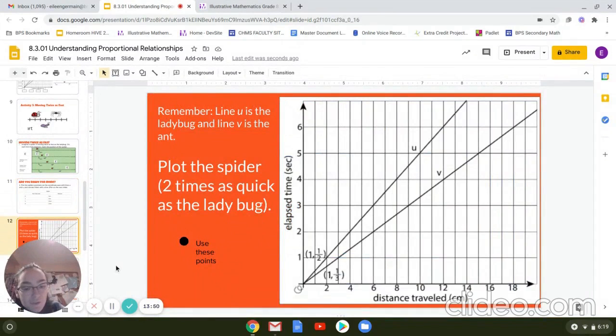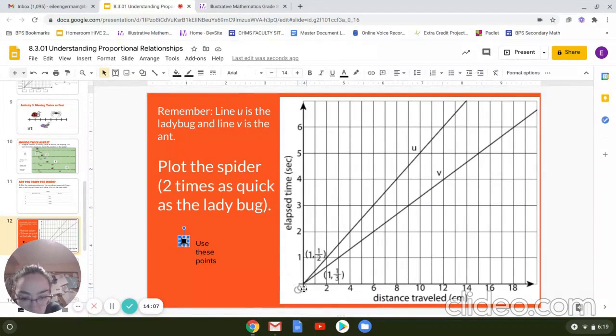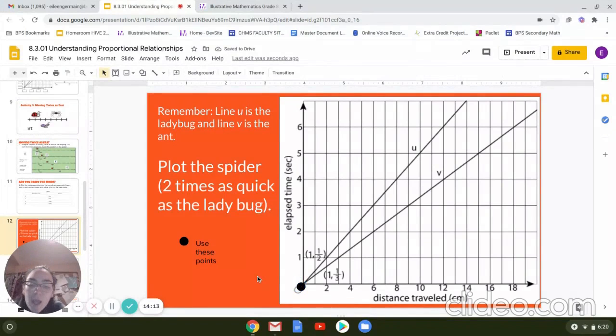So we know that after 2 seconds, the distance, this new guy is going to be, we have our first point at 0, 0. So 0 seconds, we're at 0 centimeters. So I'm going to put the point right there. It's kind of a little bit big, but it's okay.